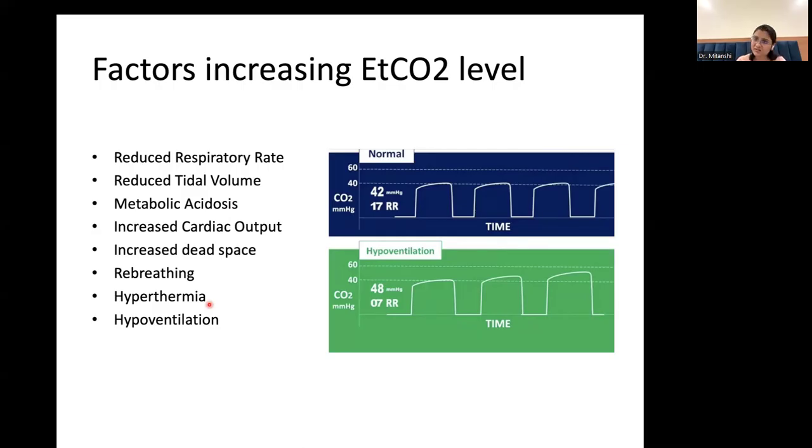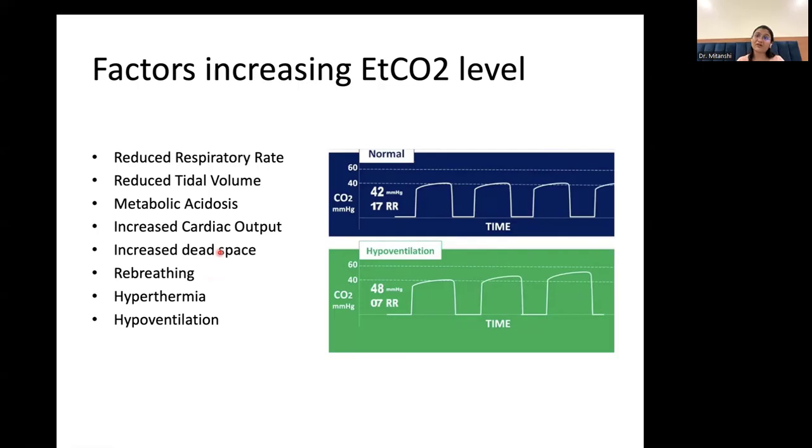So in that case, your CO2 levels can also increase, and you will learn that with the anesthesia machine. Then increased dead space, like we discussed: not just anatomical or alveolar, not just physiological, there can be a pathological dead space as well. And increased cardiac output, if my perfusion is more and my ventilation is less.